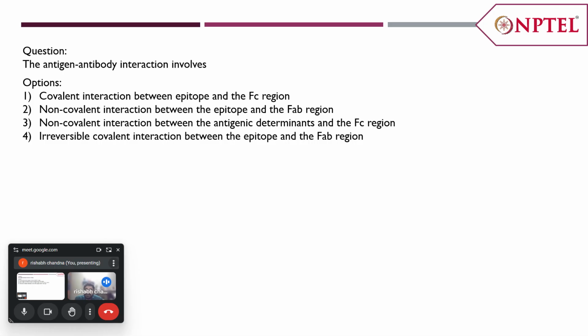So antigen antibody interaction involves option 1, covalent interaction between epitope and Fc region, non-covalent interaction between the epitope and the FAB region, non-covalent interaction between the antigenic determinants and the Fc region, or irreversible covalent interaction between the epitope and the FAB region. Okay, any more answers?